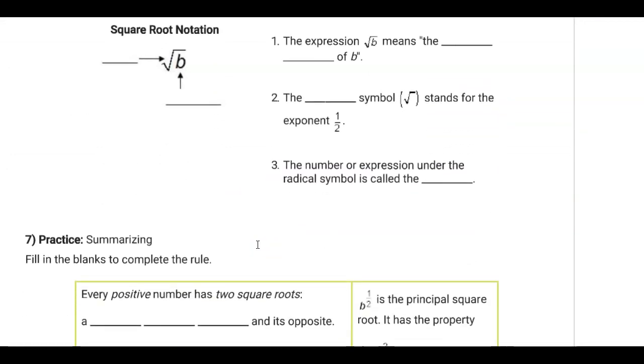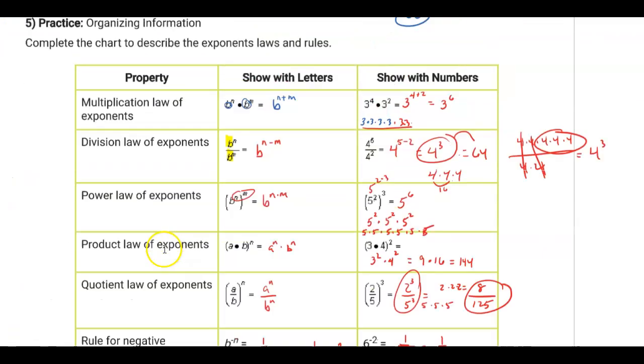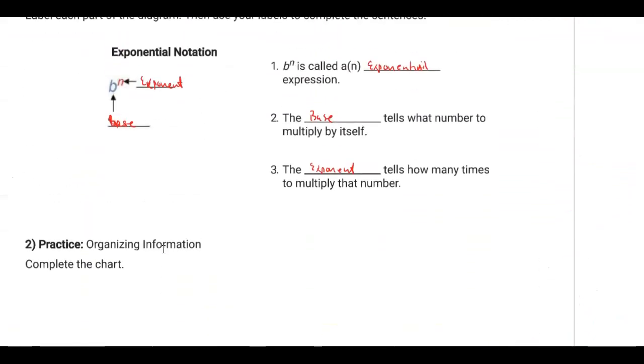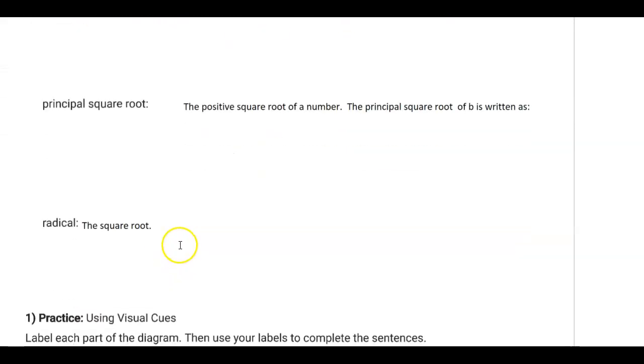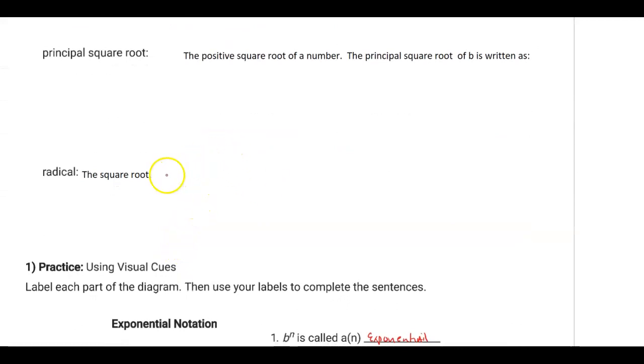Next, we have square root. Square root is the same thing as a radical. Okay. And when we go up here to the beginning, you can write this definition down. A radical is a square root, which is this symbol here, where you have, this is your root, this is your radicand, right?